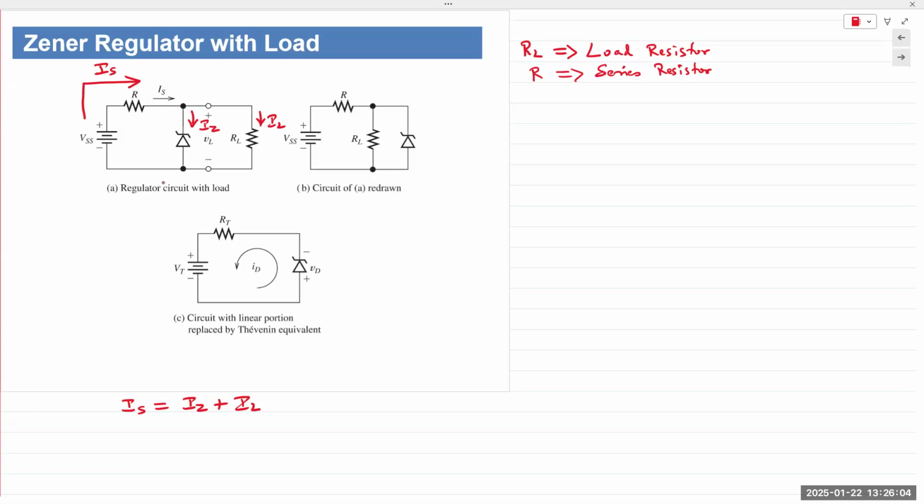If VL is constant, that means IL must also remain constant. So far, good. Make sense? Right? VL must remain constant. Voltage at the output across the load resistor must remain constant. So IL, the current flowing through RL, must also remain constant. What if our input supply voltage increases? What happens then?